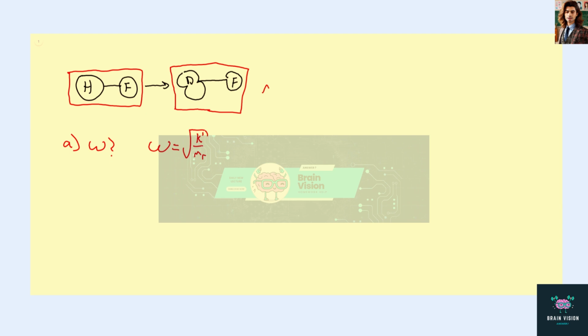And the reduced mass, if you recall, is mass 1, so let's say the mass of the deuterium, times mass 2, which could be the mass of fluorine here, all over the addition of the two.